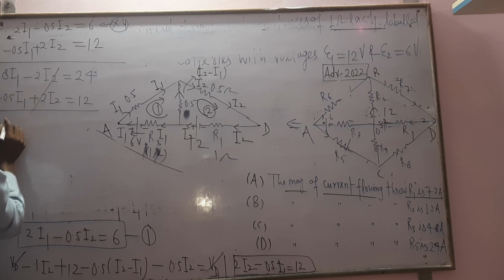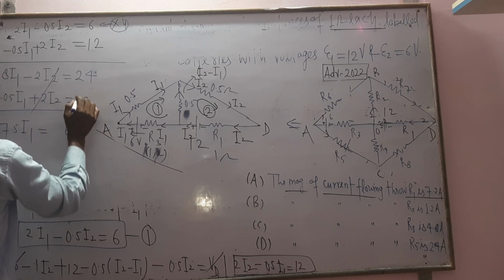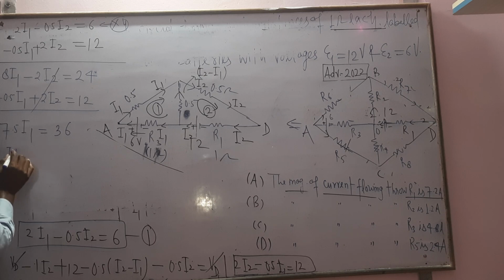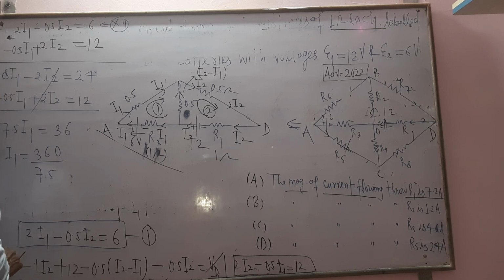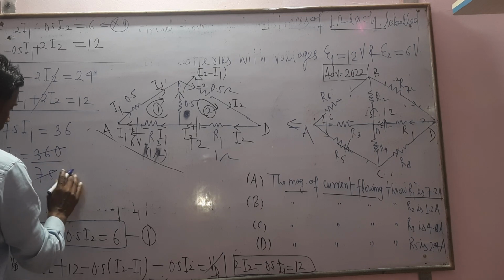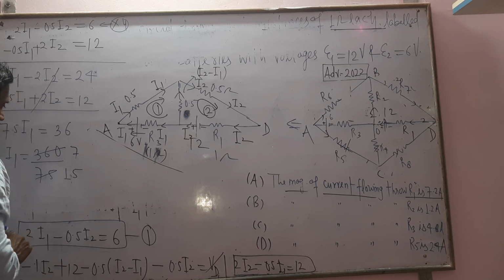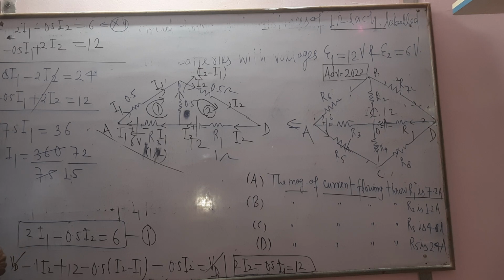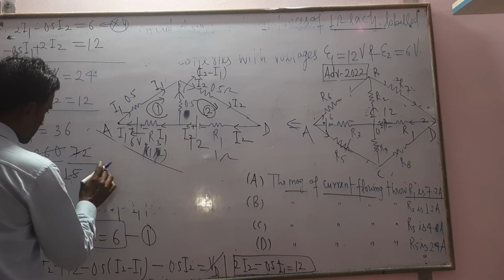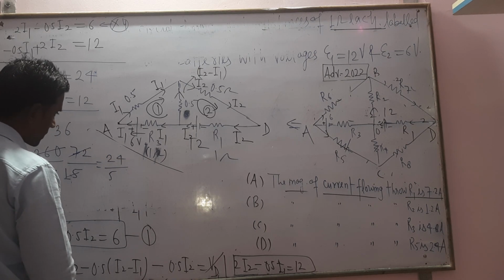This is 8 I1 minus 0.5 I1, which is 7.5 I1, equal to 24 plus 12, which is 36. This implies I1 equals 36 divided by 7.5. Cancelling the decimal point, we get 360 divided by 75. Dividing by 15, we cancel the number 3: 3 5s are 15, 3 2s are 6, 3 4s are 12.